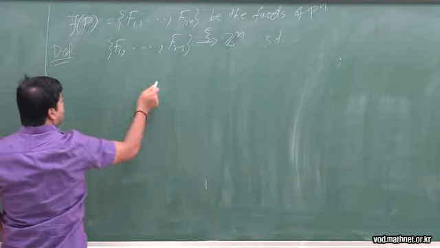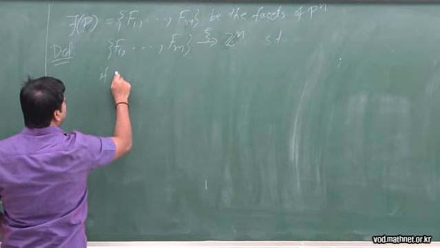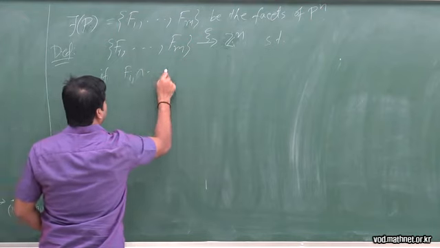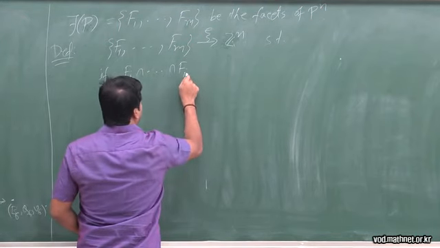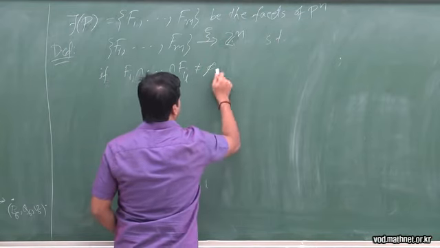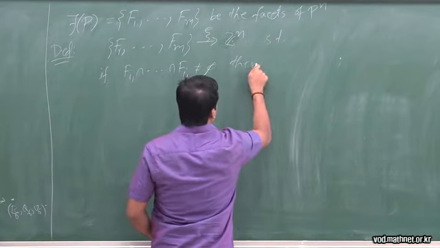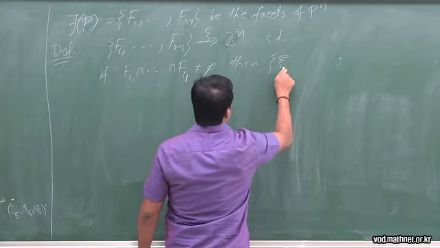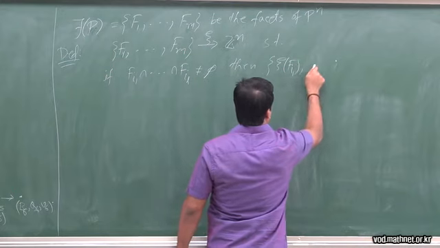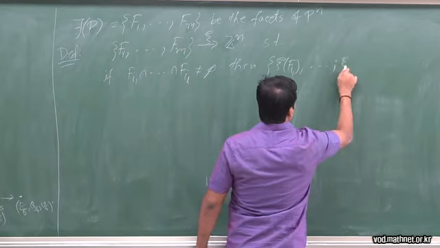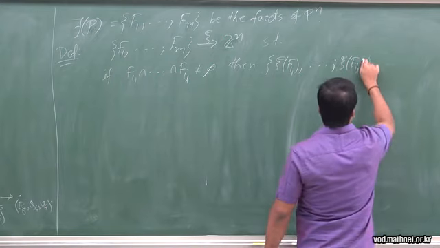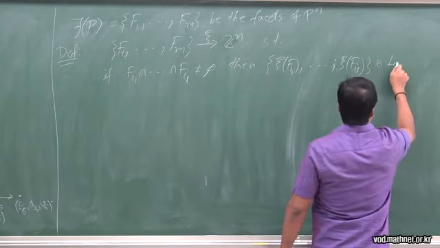What is that? That if F_i1 intersection F_il is not equal to the empty set, then the corresponding vectors F_i1 to F_il are linearly independent.